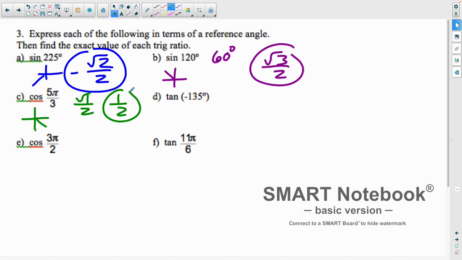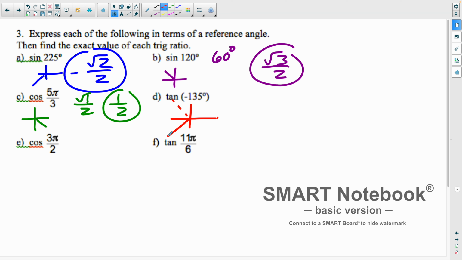On this one, this is kind of the tricky one. Question D. What's taking place there? What's different about it? It's going backwards. So negative 135. Positive 135 puts me there. Negative 135 puts me there. It's a 135, so that's a 45.